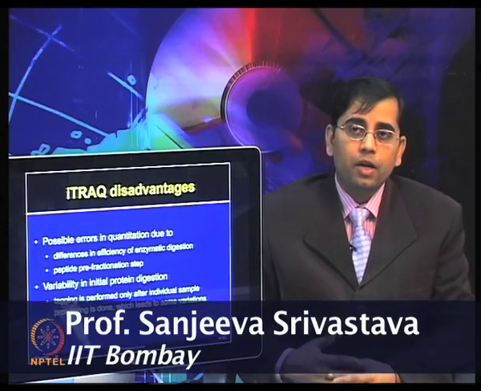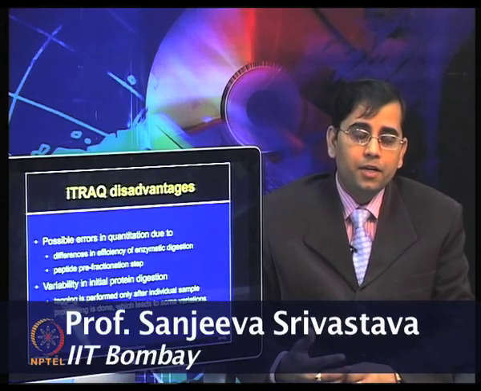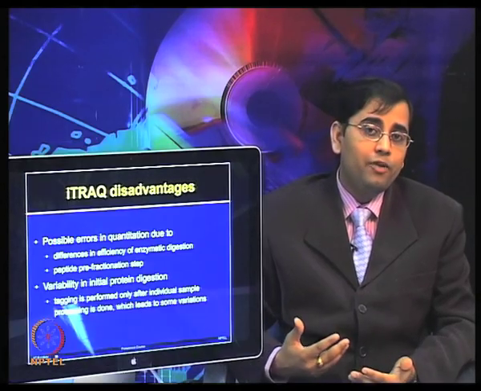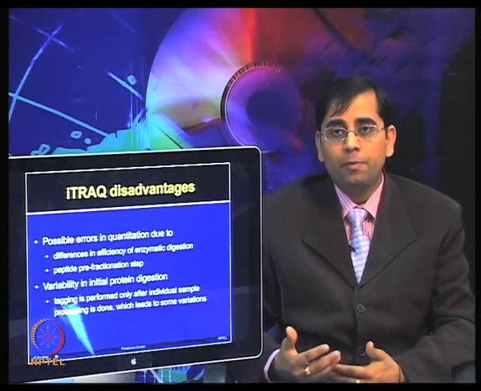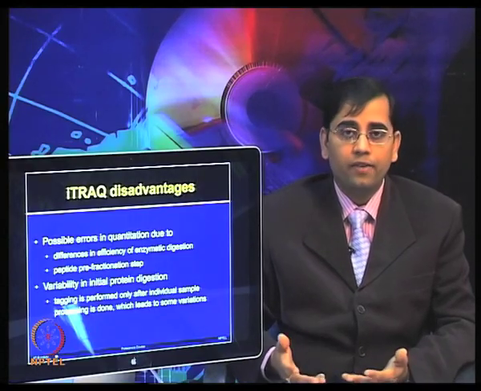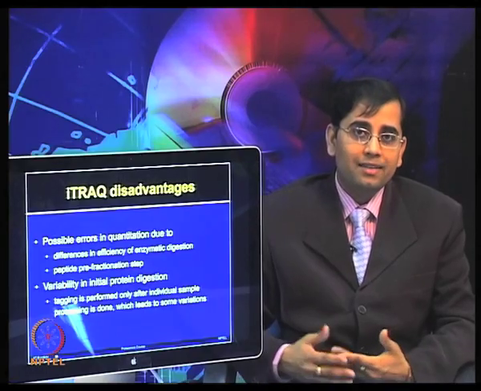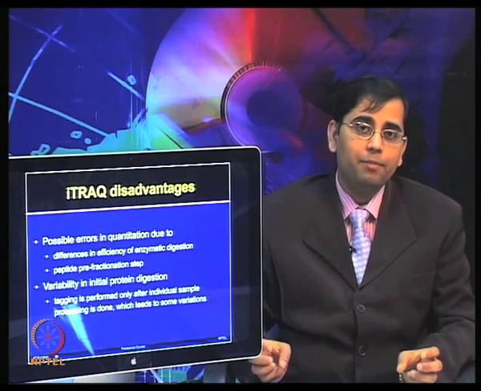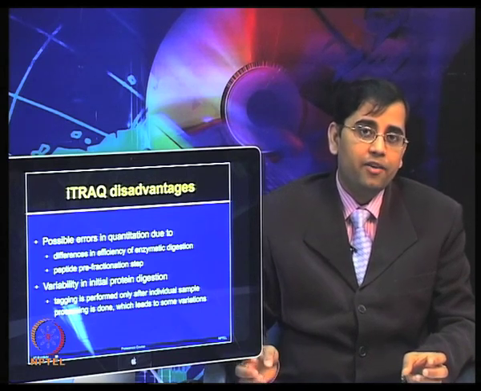So, if we can do the multiplexing in some way that tryptic digestion cannot be performed separately, that can reduce the overall chances of error, but that will actually not be possible, because we need to label each sample separately with the iTRAQ reagents.